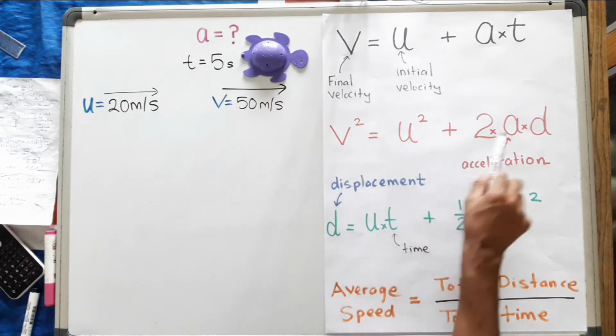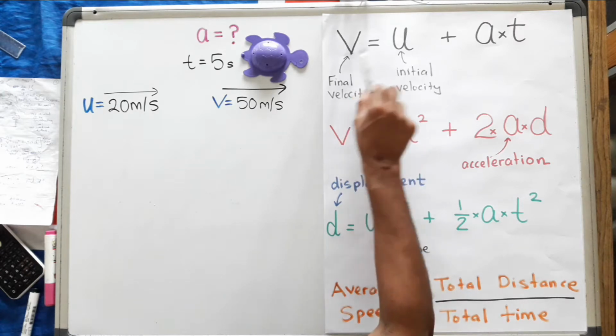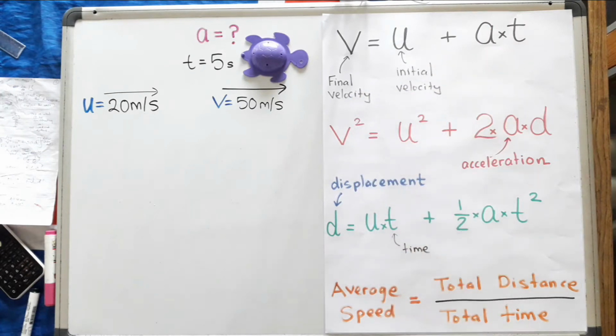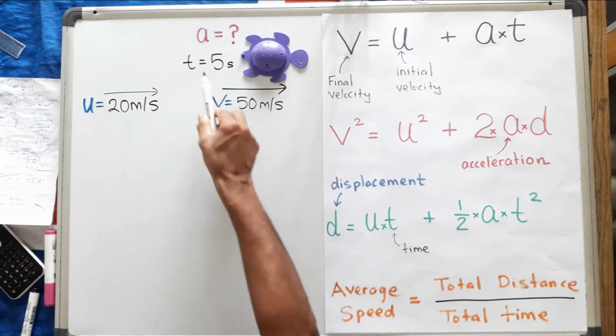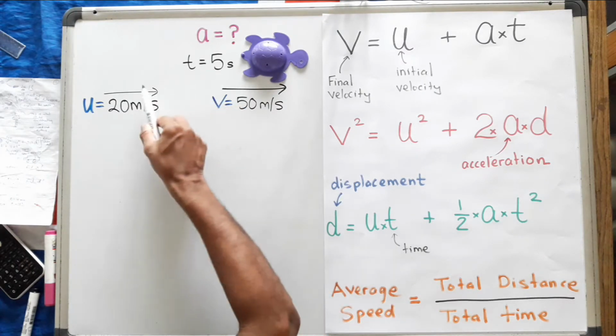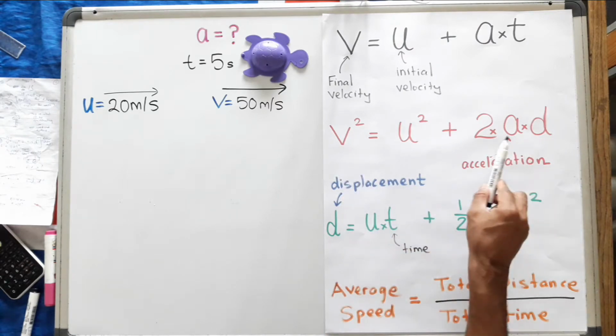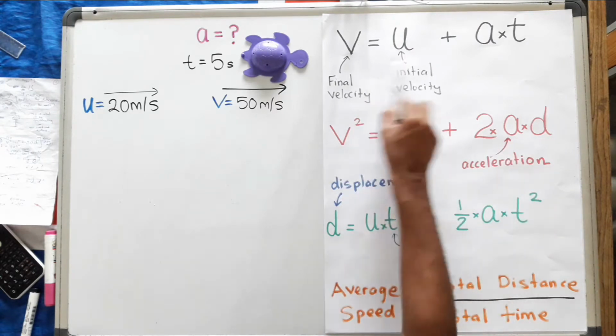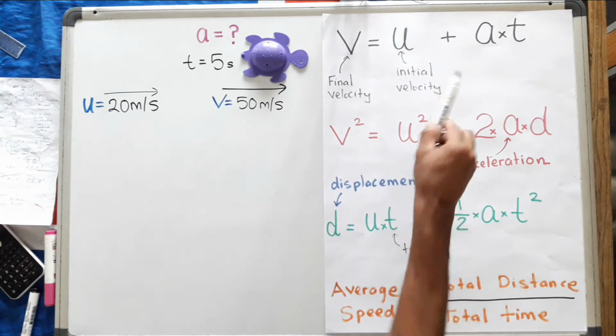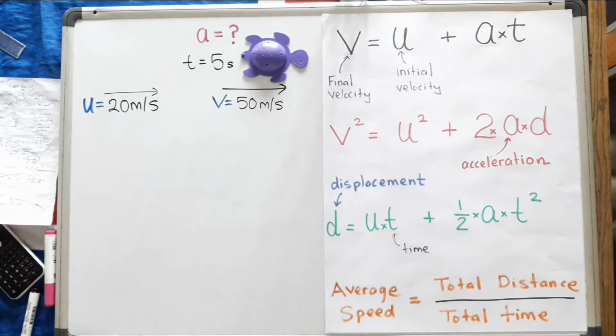And the black one has V, U, and A. So it's between the red and the black. The green one is out. And they gave us time. The whole procedure took 5 seconds. The red one doesn't have time, but the black one has time. So my choice would be the black one.